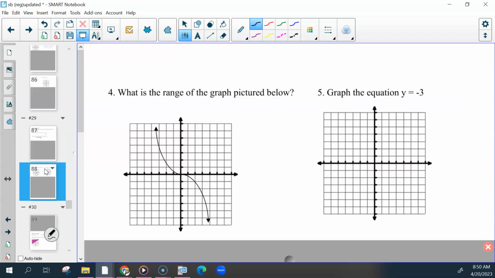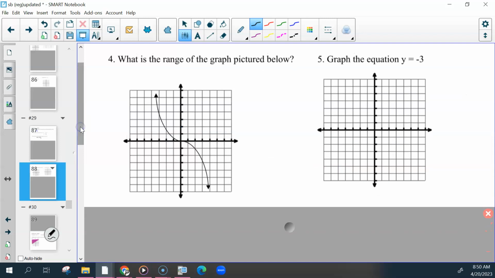Four cannot be done in Desmos, so this is something you have to know. Range is lowest to highest. What is the lowest point on this? Correct, and the highest point? So I'm going to put this in both set notation, what we talked about at the beginning of the year, and interval notation, what we talked about with our inequalities. Would either be fine? Yes, either would be fine for me.